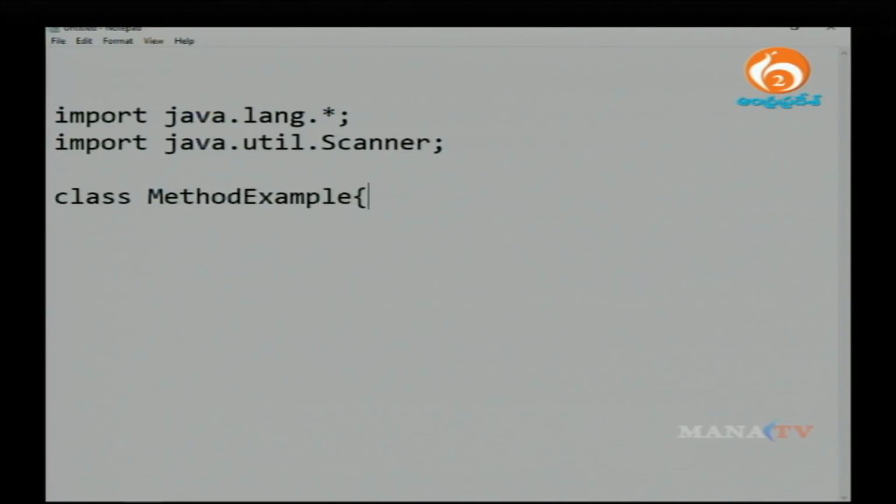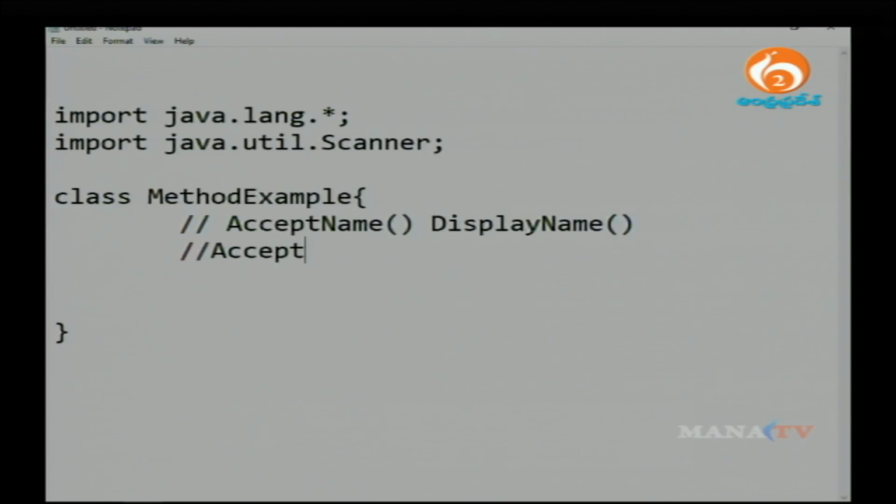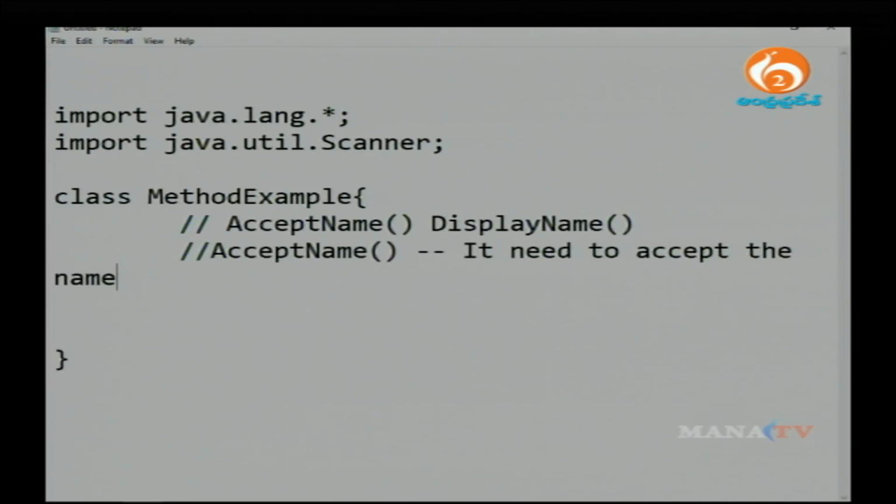In this class, I want to write two methods. One is a method called accept name, and the other is display name. When I call the accept name method, it needs to accept the name and store it into a simple variable.